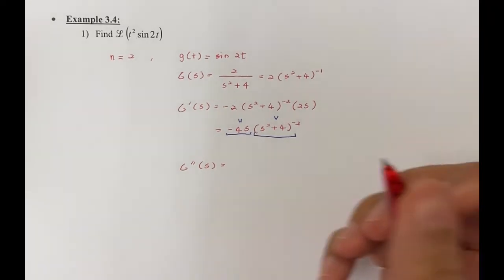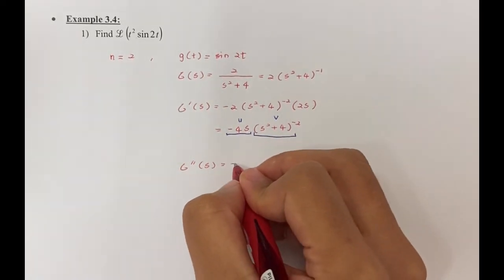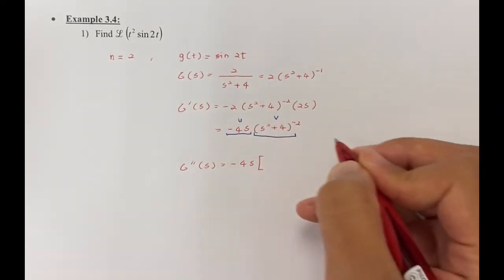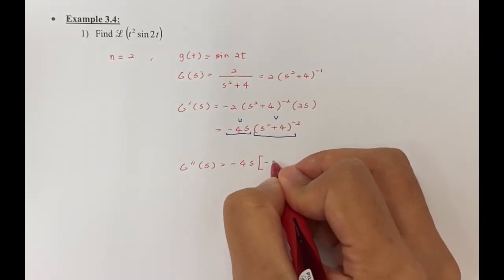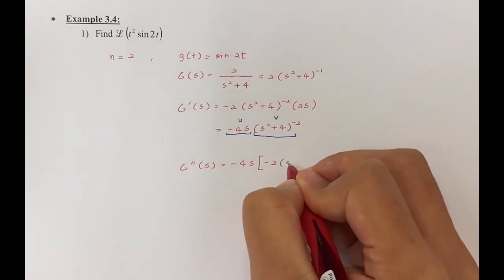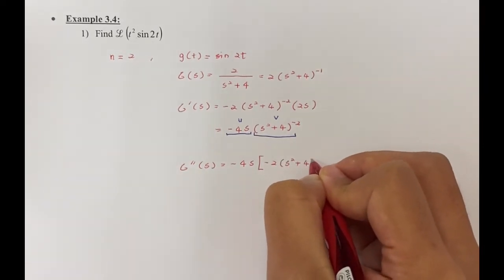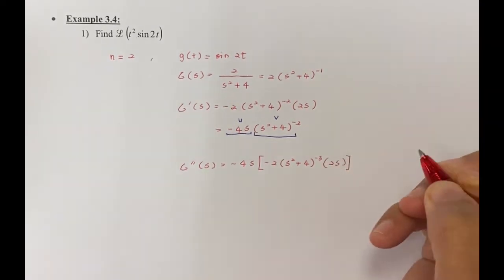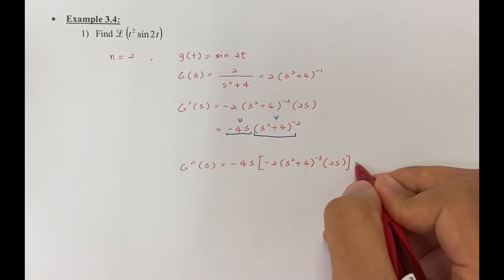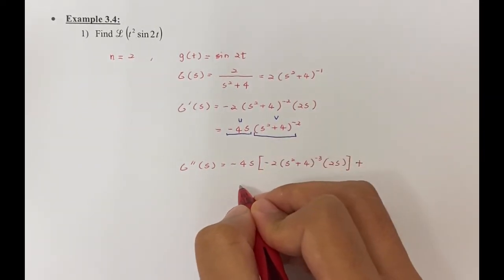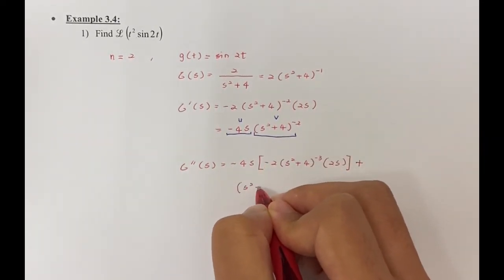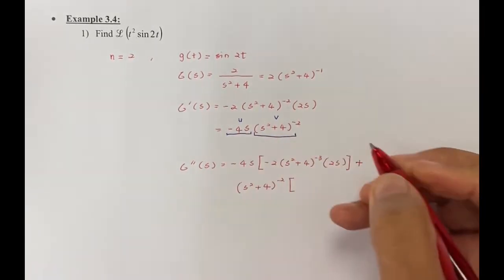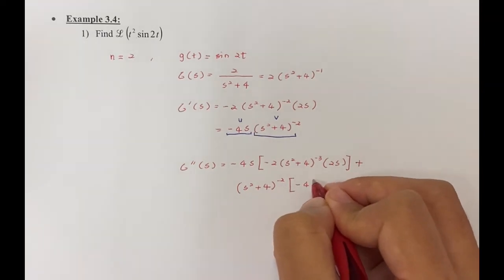So you have negative 4s multiplied by the derivative of v, which is negative 2 times (s squared plus 4) to the power of negative 3 multiplied by 2s, that is u v prime, plus v, which is (s squared plus 4) to the power of negative 2, multiplied by u prime. u prime is negative 4.